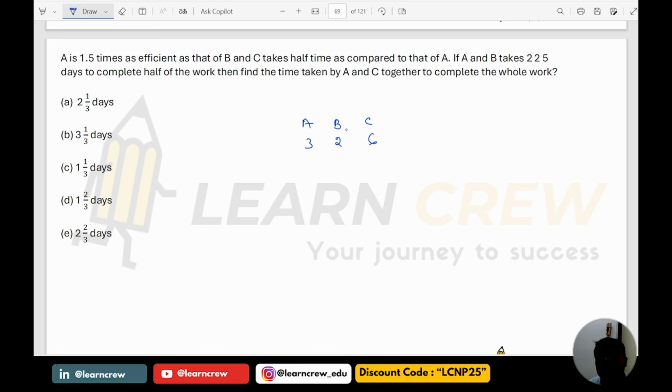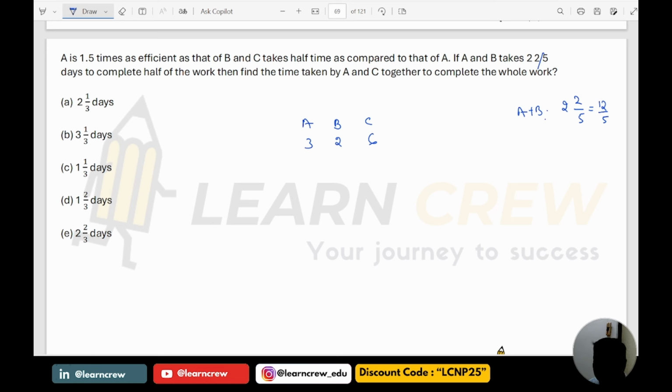So 6. A and B take 2 by 5 days to complete half of the work, which means 12 by 5 days. Then find the time taken by A and C together.